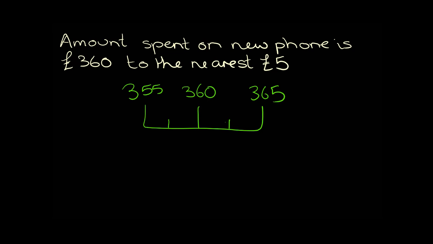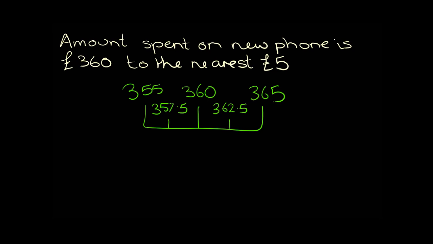There's a difference of 5 between 355 and 360, and half of 5 is 2.5. So in between here we've got 357.5. And on this side we'd have 362.5.